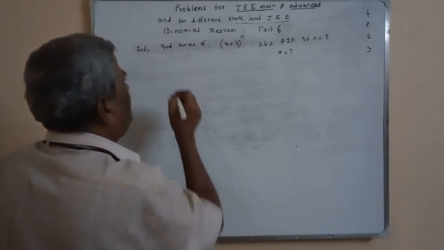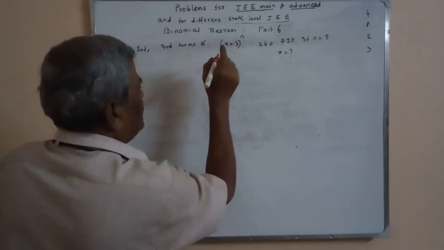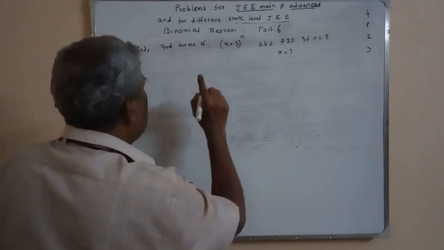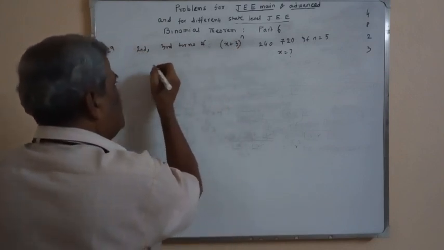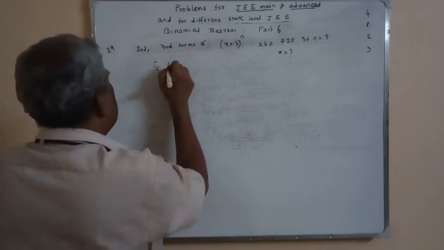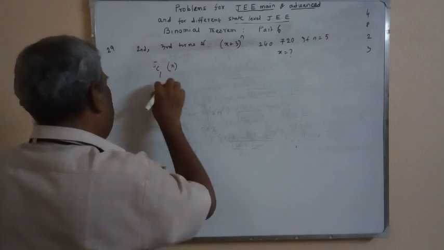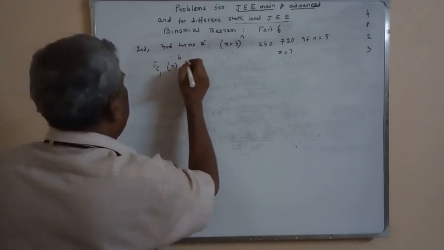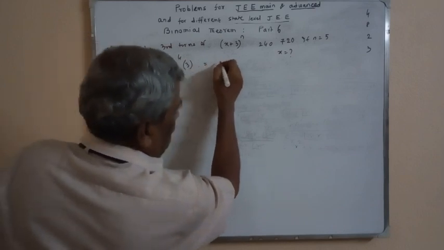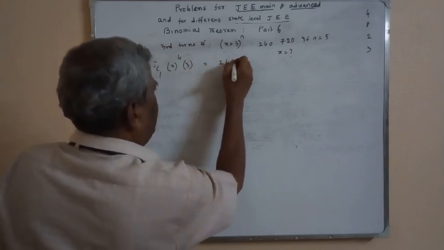Very simple problem. Now, the second term of that is 5C1 into x to the power 5 minus 1, that is 4, into 3 to the power 1, is equal to 240.